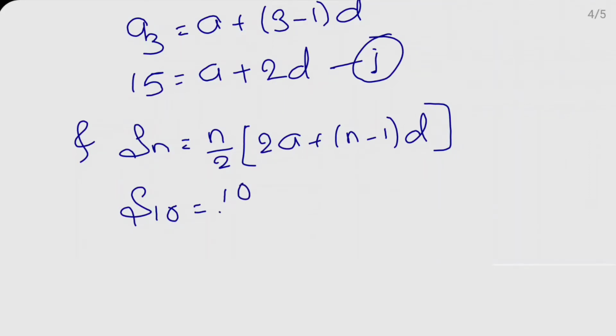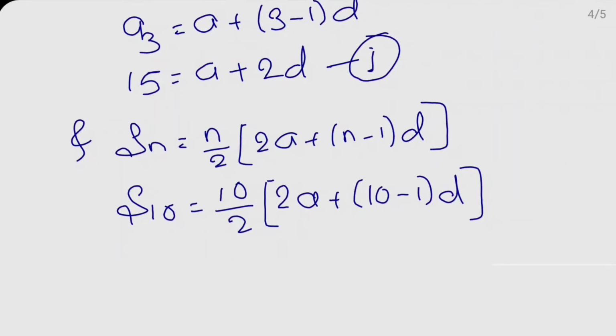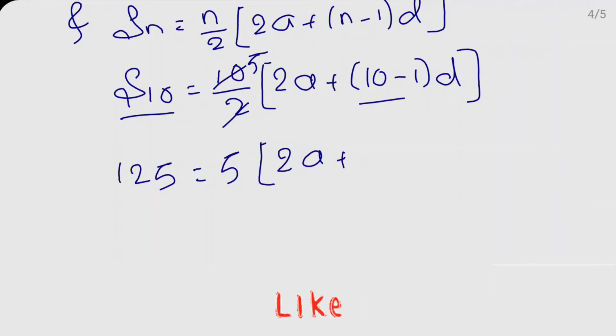So here also 10 by 2 and 2a plus 10 minus 1 into d. Any doubt here? So now S10 they have given that is 125 and this equals 2 fives are 10, so here we got 5 and in a bracket 2a as it is plus 10 minus 1 is 9d.